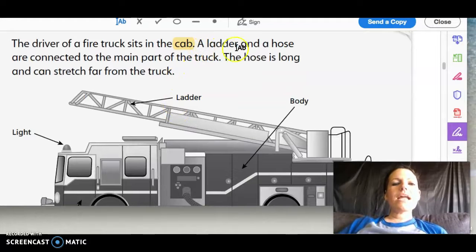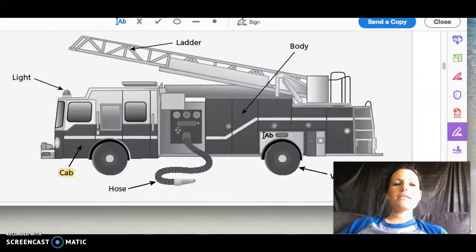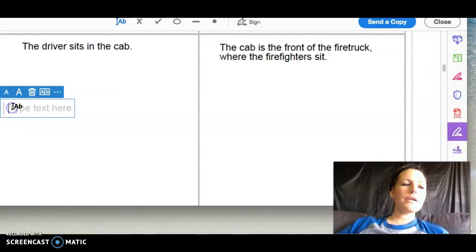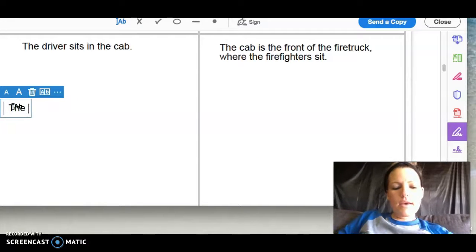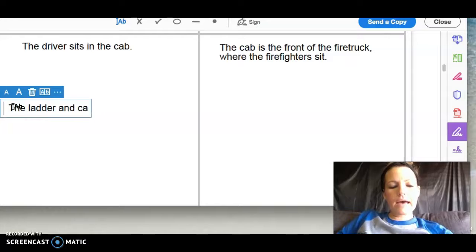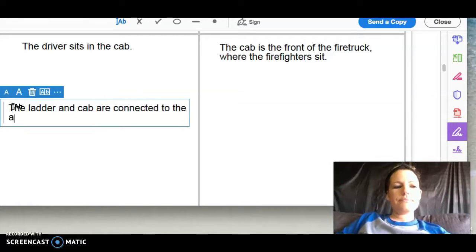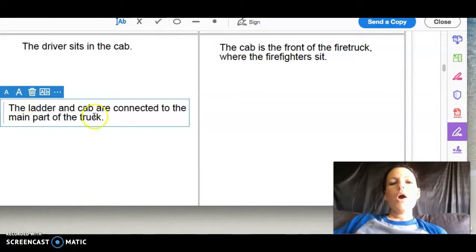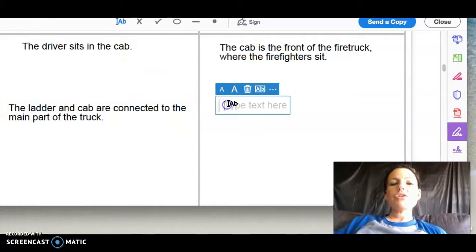It tells us that a ladder and a hose are connected to the main part of the truck. Okay, so over here, what does the text tell me? The ladder and hose are connected to the main part of the truck. What does the diagram show us?